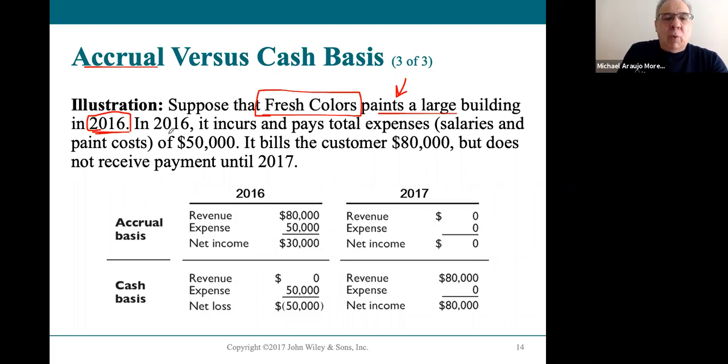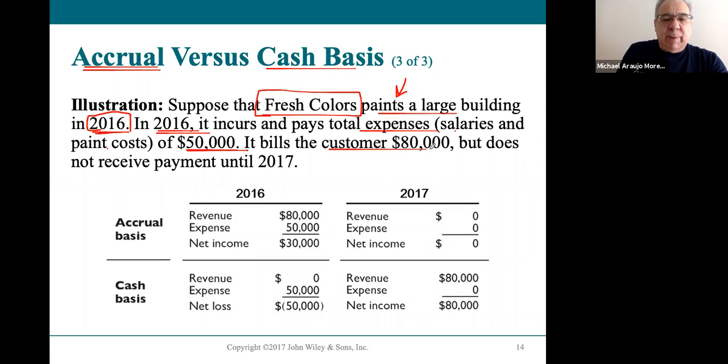Okay. What also happened in 2016 is they had expenses. They paid salaries and they had to buy a bunch of paint, I'm sure, of $50,000. Well, under the accrual method, those expenses happened in 2016. Under the cash basis method, because you paid it in 2016, those expenses also happened in 2016.